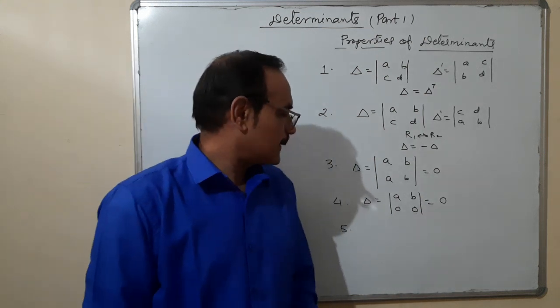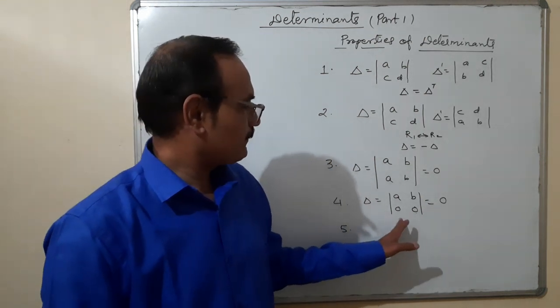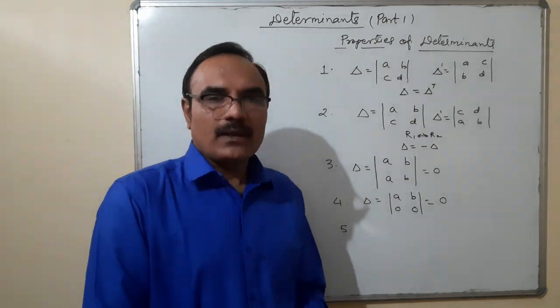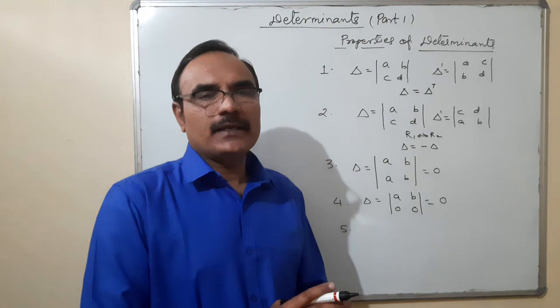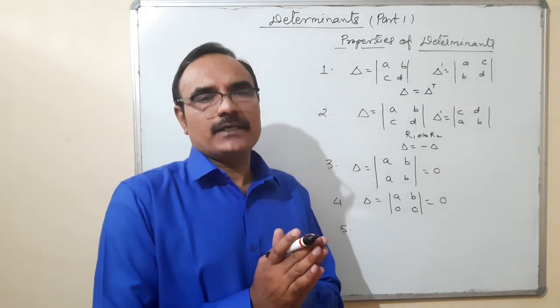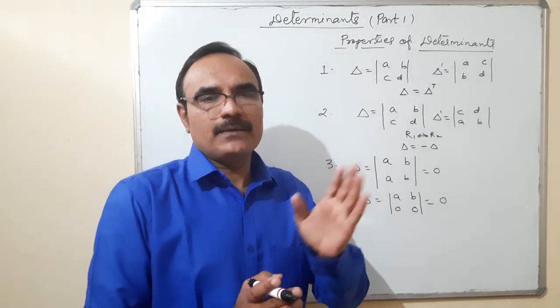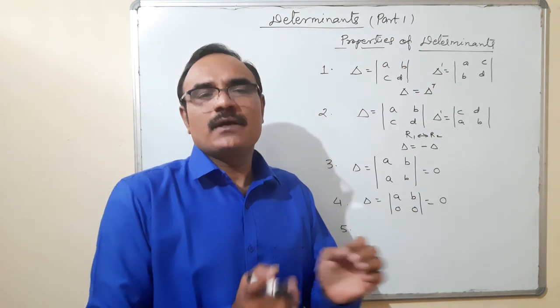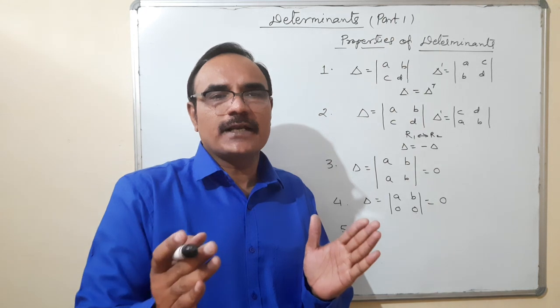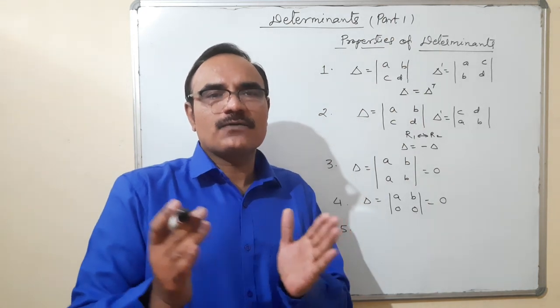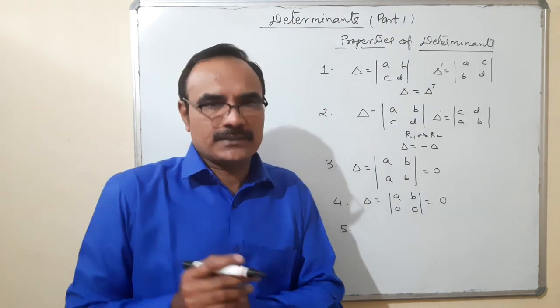Fifth one. Next, if the determinant is expressed in the form of a sum of two or more elements, it can be expressed in the form of a sum of determinants.